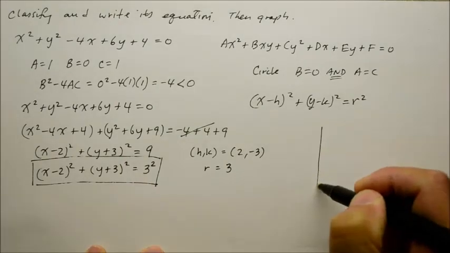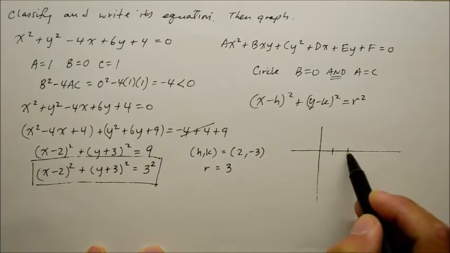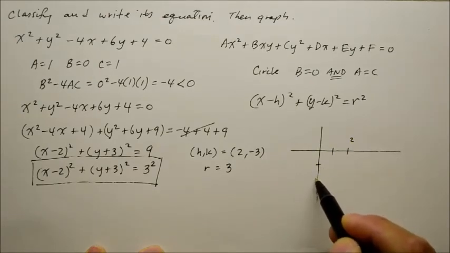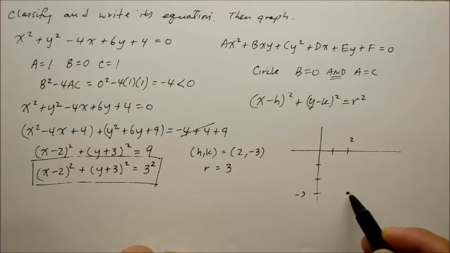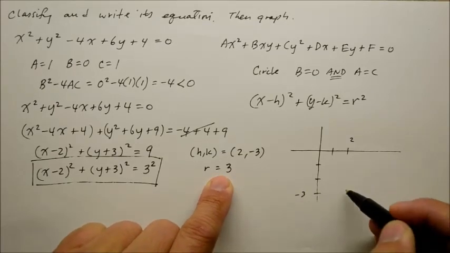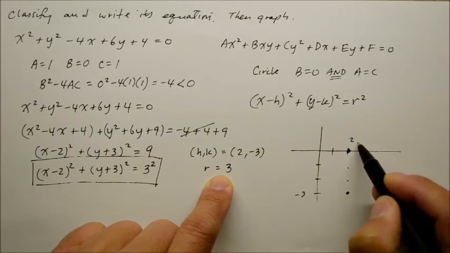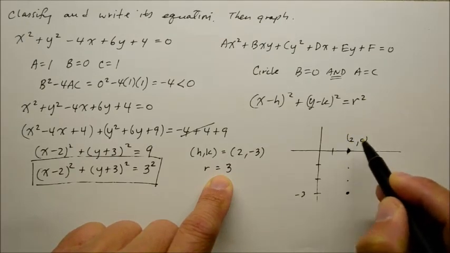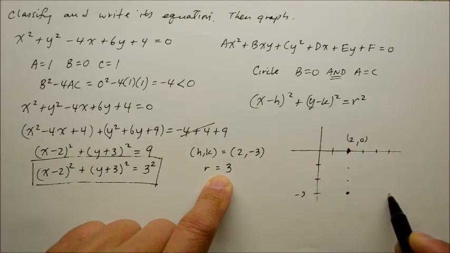So we could graph now. So we got 1, 2, 1, 2, 3. There's our new center. And from there, what's the radius? It's 3 in all directions. So 1, 2, 3. So it's going to be 2 and 0. 1, 2, 3, this way.